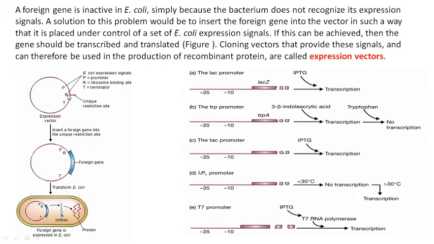So if you digest it with the unique restriction enzyme, you can ligate the gene of interest here, and you can transform this plasmid with the cloned gene into E. coli. What happens in E. coli?